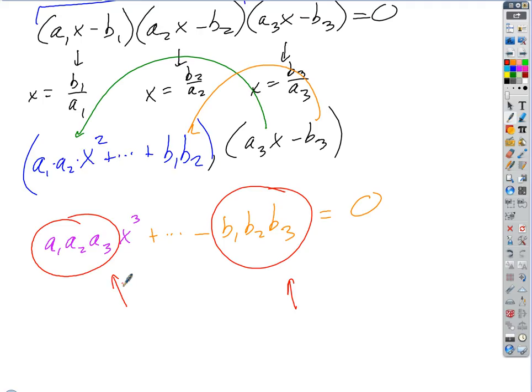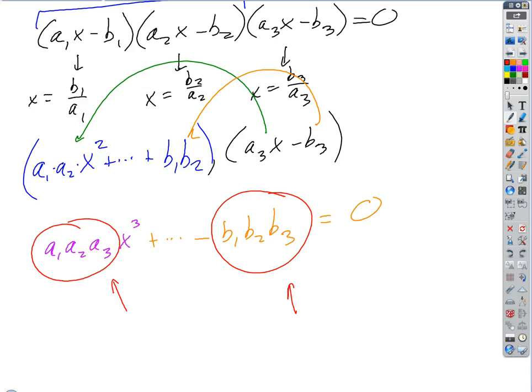Yes? So if we're going back to the original things, then B would be N and A would be N? Well, so, right. So we had M over N. So M in this case would stand for b sub 1 and N would stand for a sub 1 if we're looking at that zero, right? Or if we're looking at this zero, M would be b sub 3 and N would be a sub 3, right?